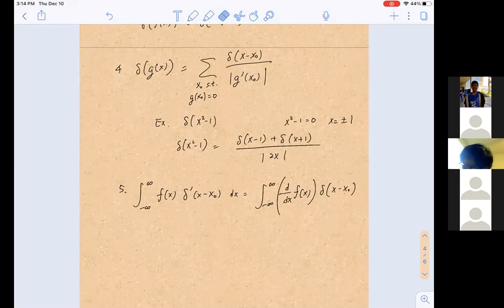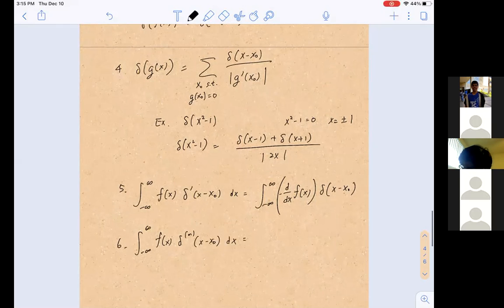So whenever you get derivatives on delta functions, you do integration by parts until there's no derivative on the delta function. In general, if you have the nth derivative, you do d/dx to the n of f of x times delta x minus x0.